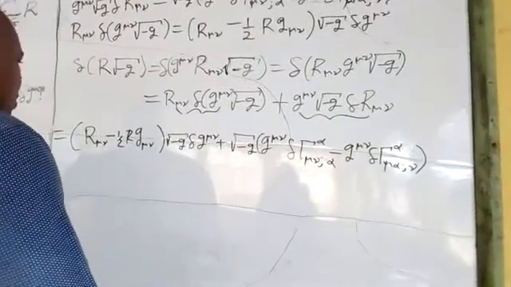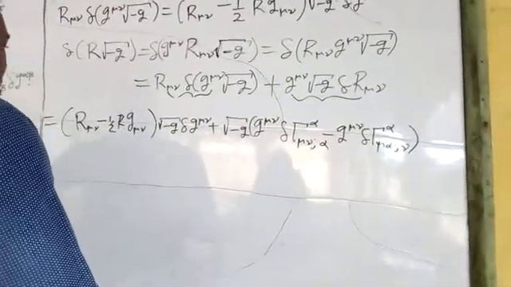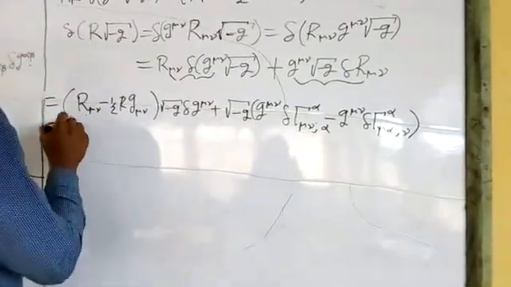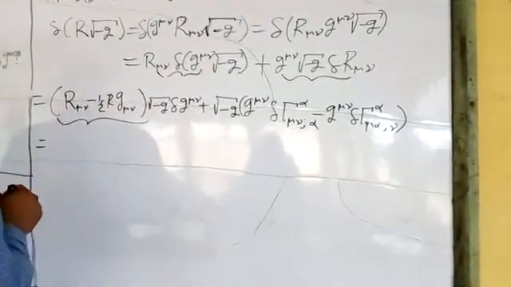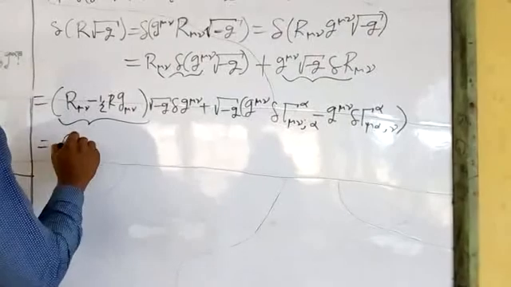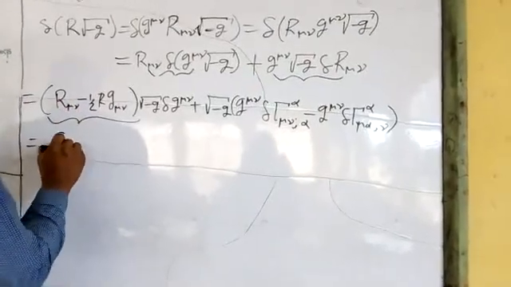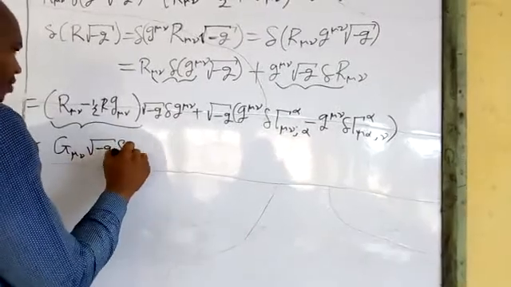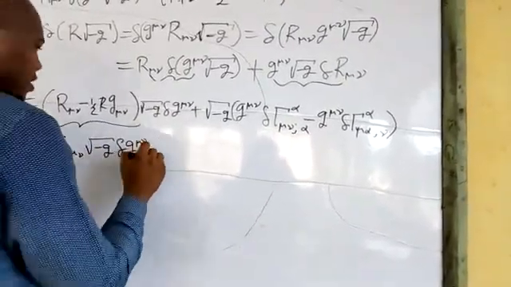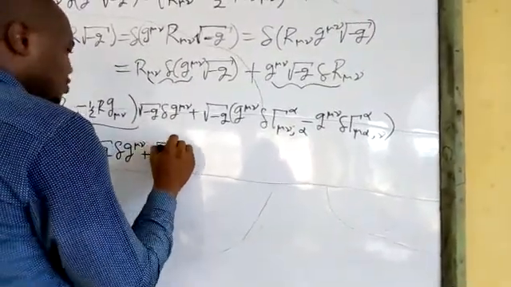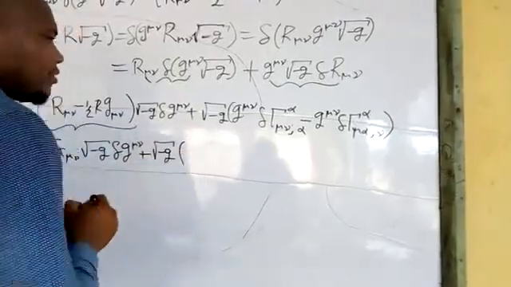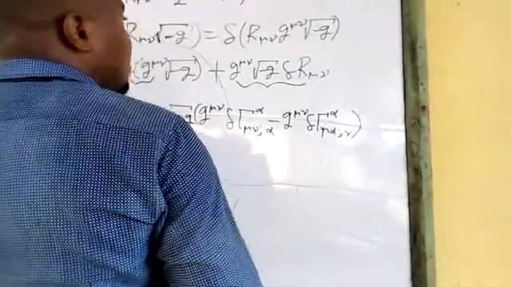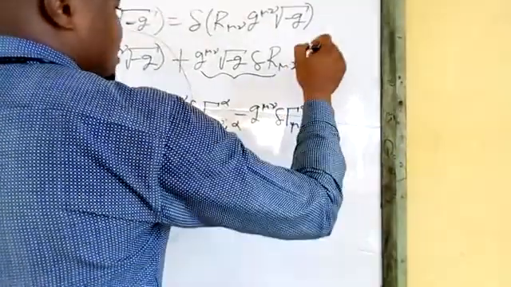Okay, we still can go on manipulating. For the sake of convenience, I'll simply identify this as the Einstein tensor, and so label them accordingly. This is g_{μν}, and then I have here with me the square root of minus g. Here plus, I'm going to have the square root of minus g. Take note of the fact that the covariant derivative of a metric tensor is always 0.